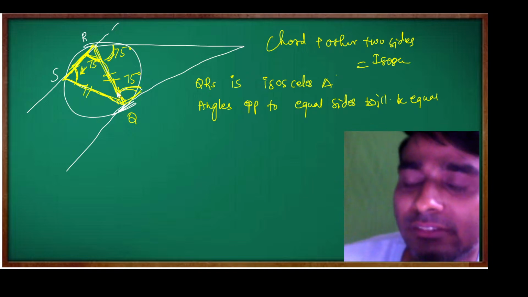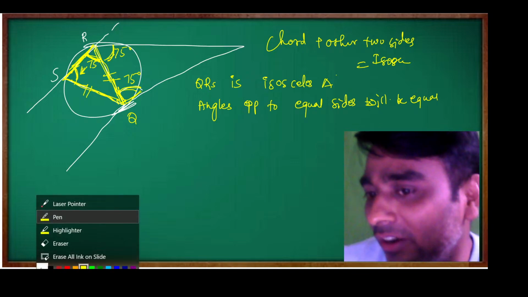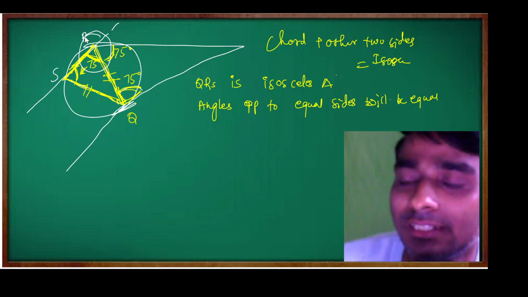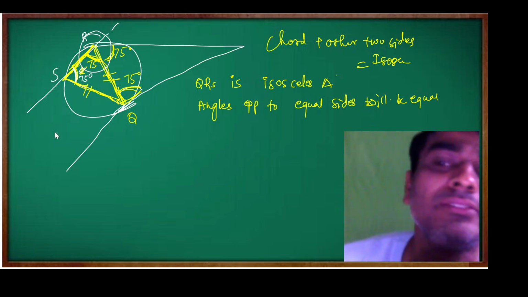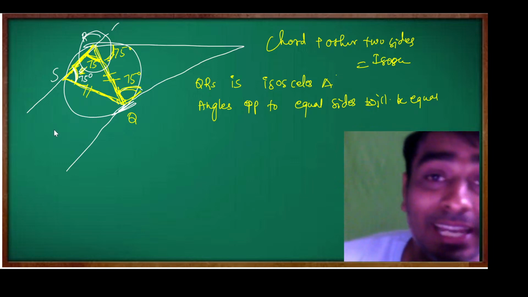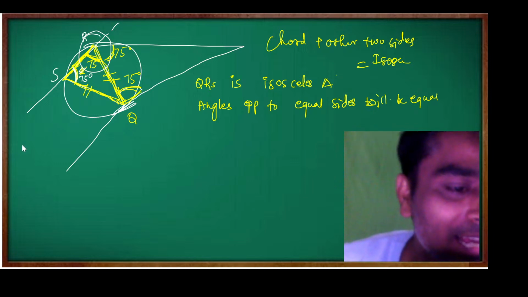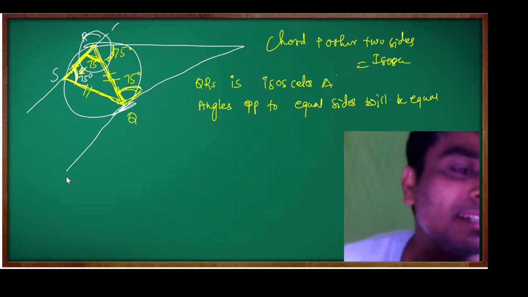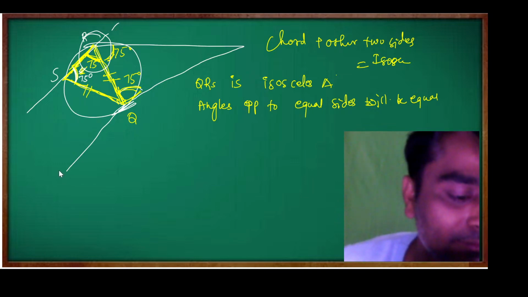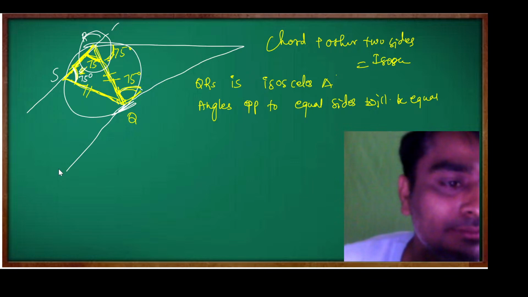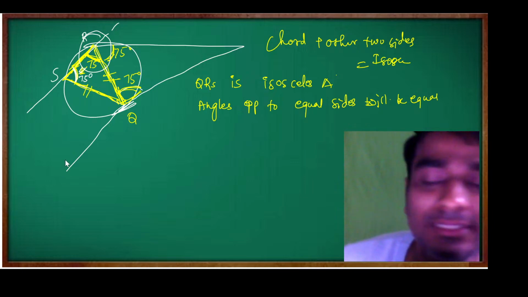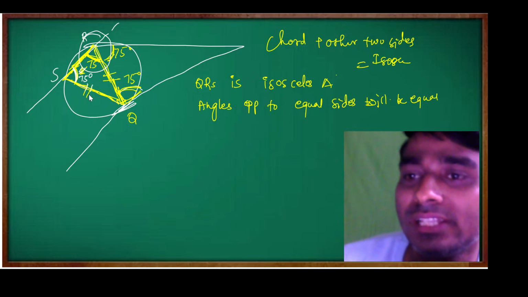So this 75 I got from the alternate angle concept. Then opposite to this is this one, so I will take this as also 75. I think your doubt is clear. That is an isosceles triangle only in a circle. Therefore we can use that concept and equate these two angles.